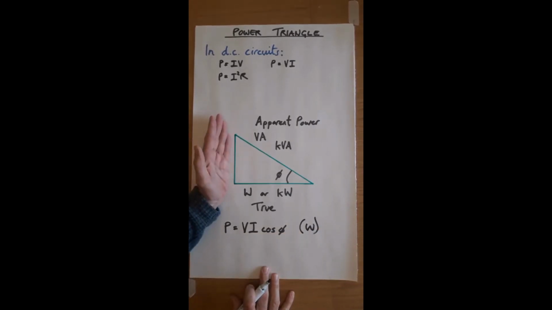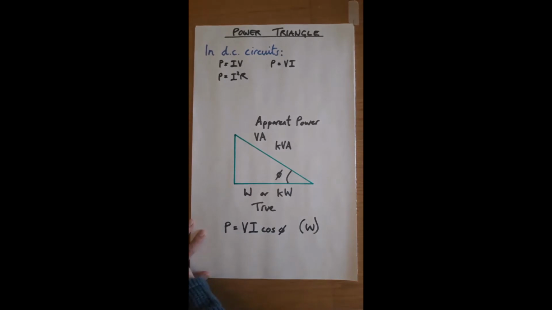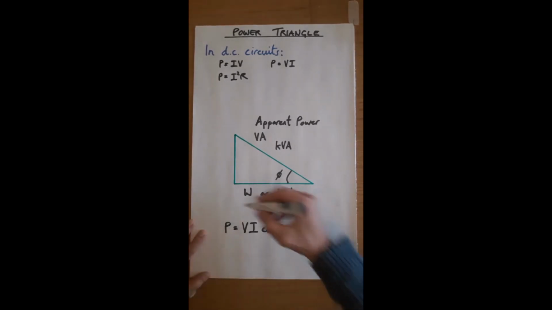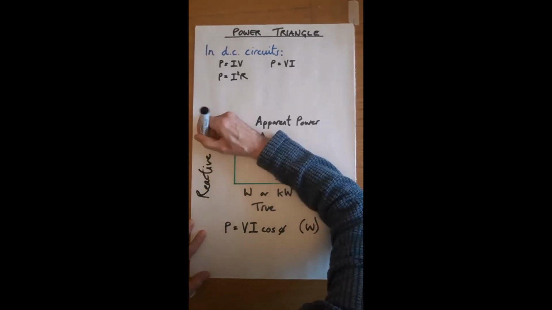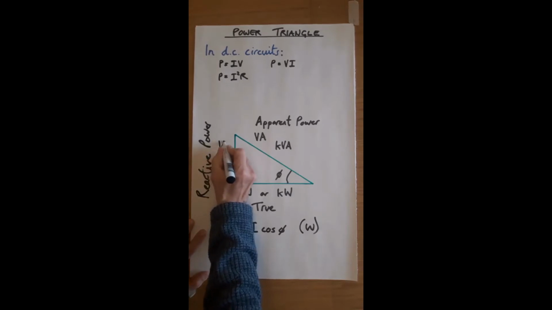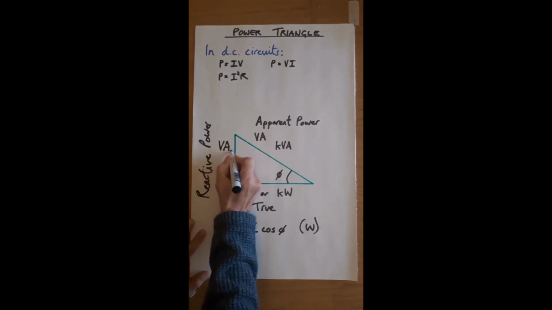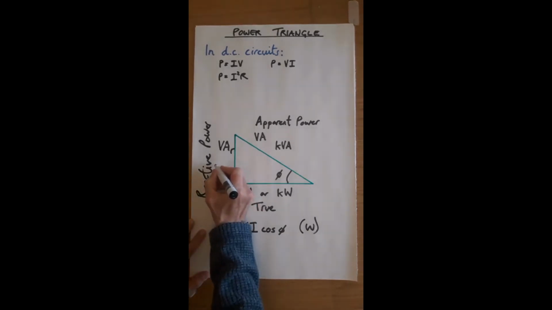So that just leaves us this side of the power triangle, and up this side, this is caused by our reactive component. That's an inductor or a capacitor. So this is reactive power. Reactive power is called volt amperes reactive, or reactive volt amperes, or we would tend to use kVAR.